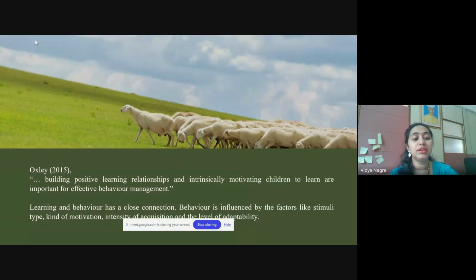Now, here is a very interesting quote by Oxley. Building positive learning relationships and intrinsically motivating children to learn are important for effective behavior management. Now, as a teacher, it is our responsibility to make sure that we build a positive environment in the classroom.